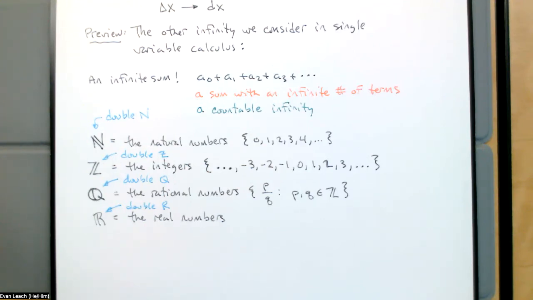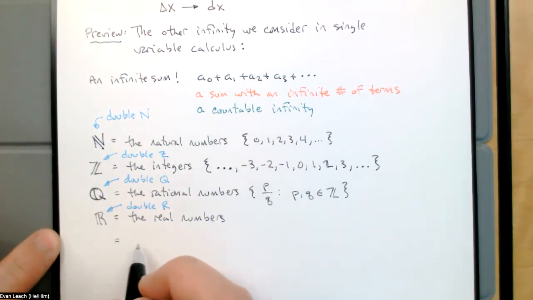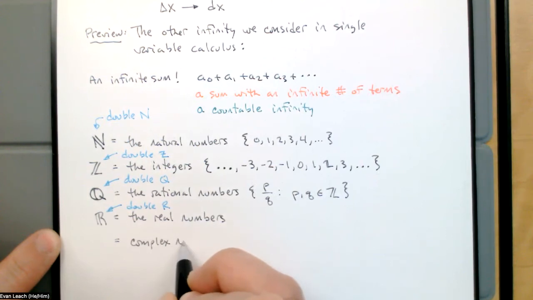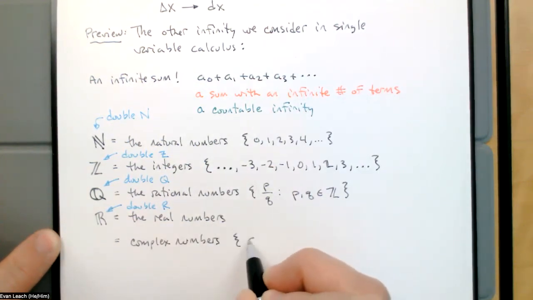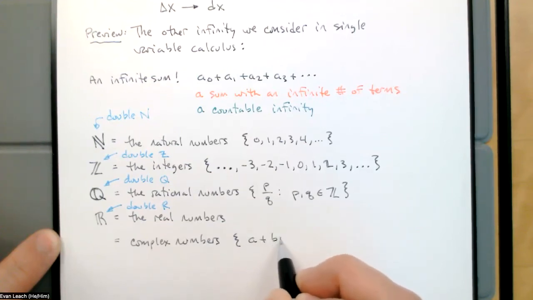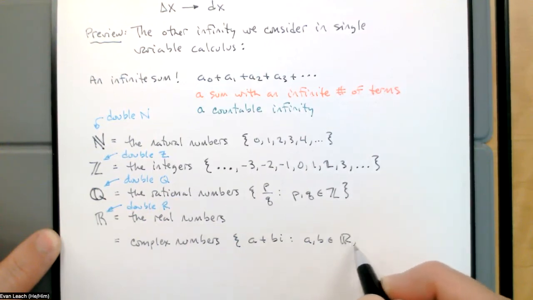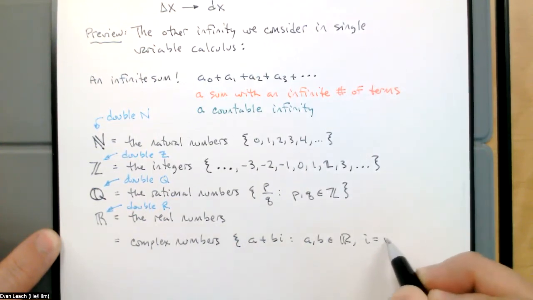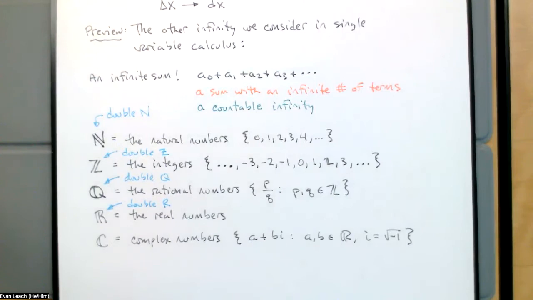Sitting above the real numbers, we have the set of complex numbers, which is a set of everything that says A plus BI, where A and B are real, and I is the square root of -1. At least this one makes more sense.